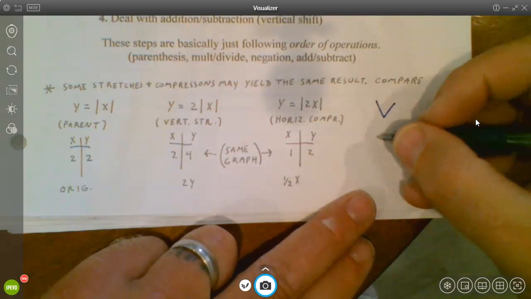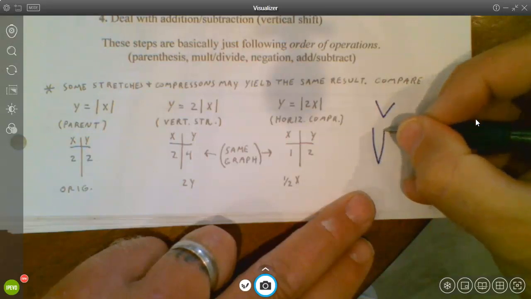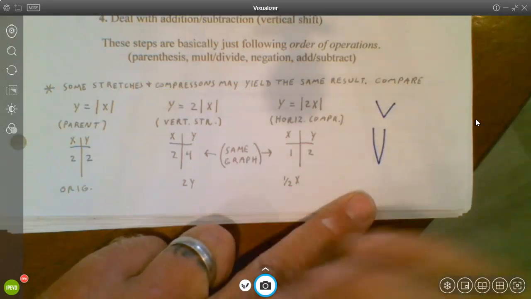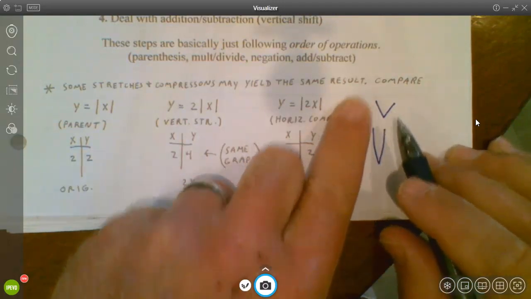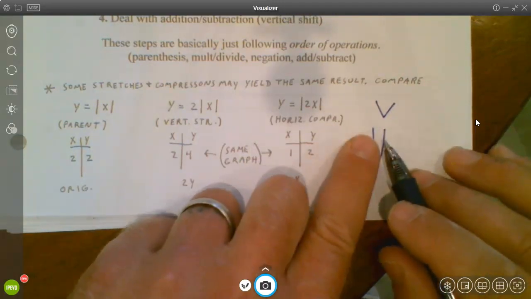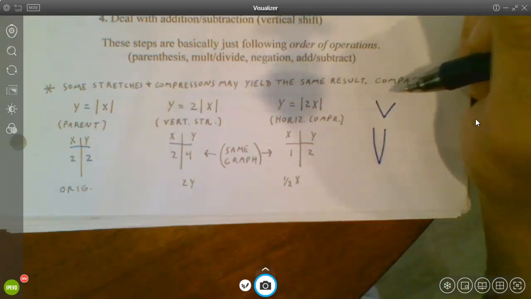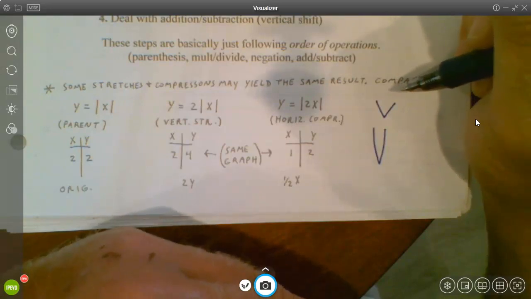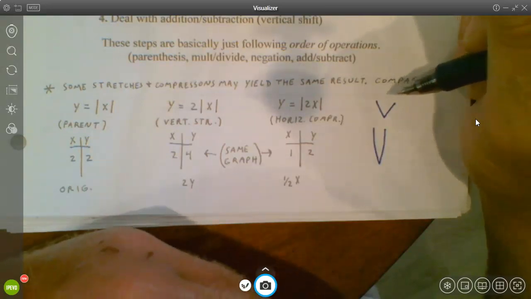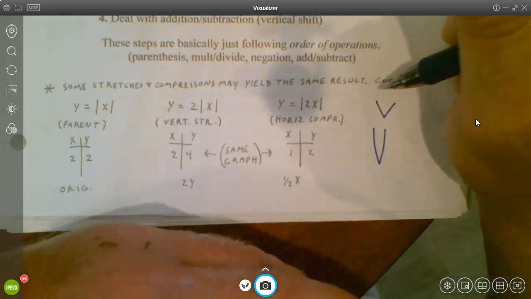So if I say I have a vertical stretch on that, which would now look like this, here's my vertical stretch. Well, someone might look at that and say, no, you didn't do a vertical stretch, all you did was take this and do a horizontal compression on it, right? And those can both be right. So sometimes a vertical stretch you could also identify as a horizontal compression, and sometimes a vertical compression could also be seen as a horizontal stretch. I know it sounds a little confusing, but we're going to get some practice on this.